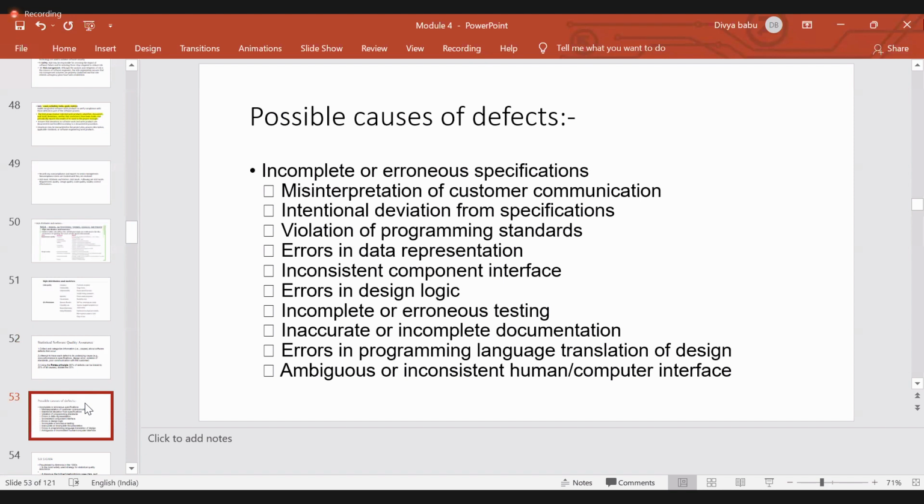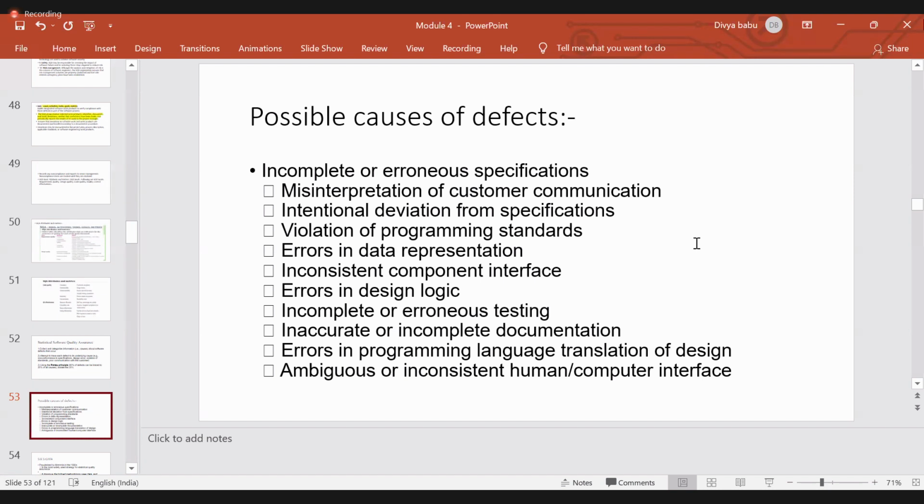There are incomplete, erroneous specifications, maybe intentional deviations from the specification. Suppose you are not in harmony with your team members, you may take some revenge also. Sometimes deviation from specifications happens by chance; it's not an intentional thing.